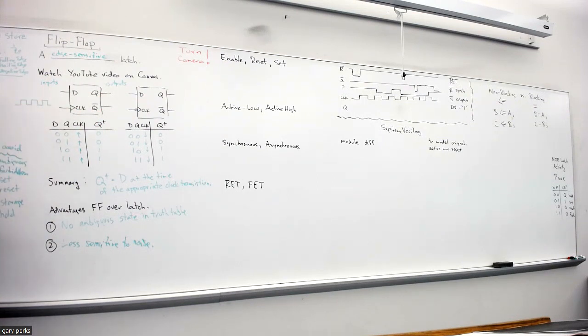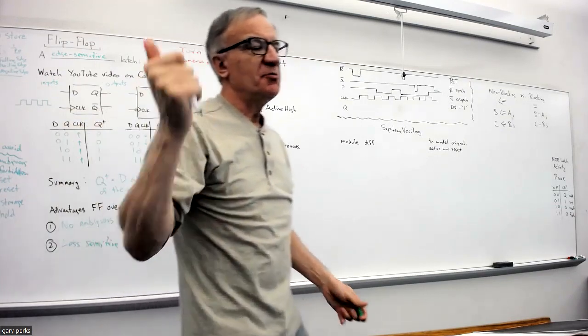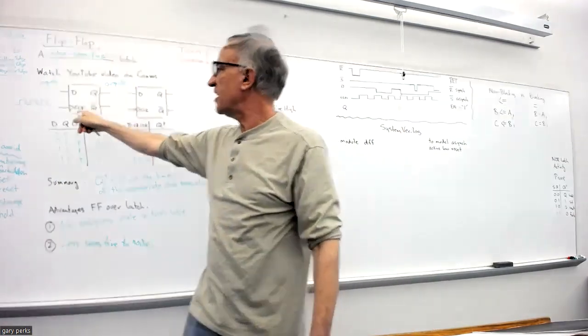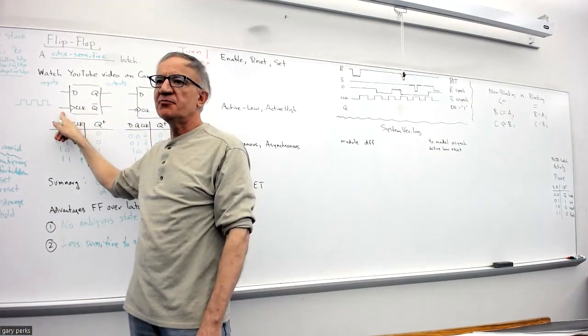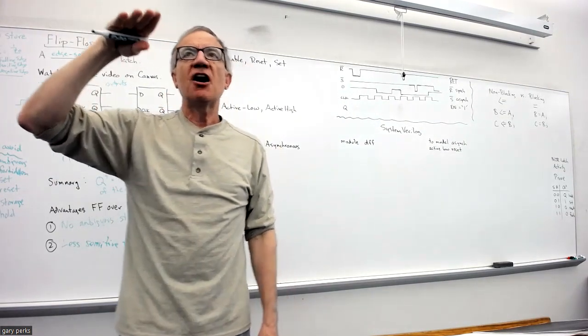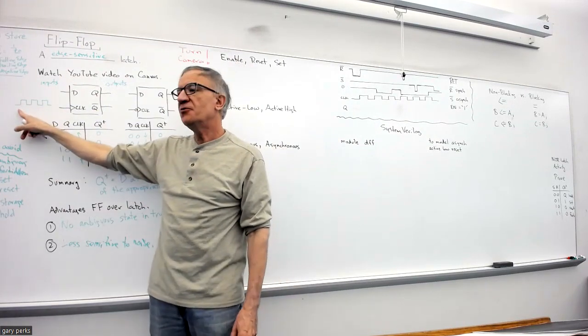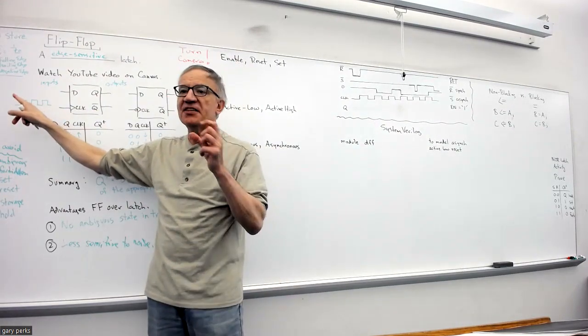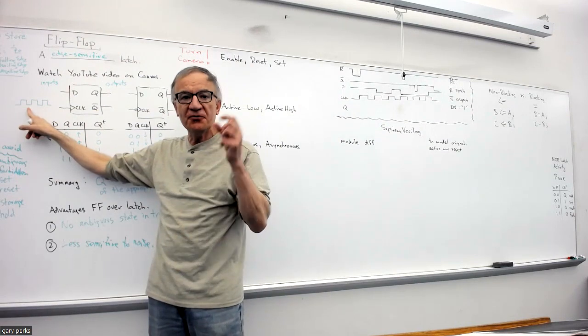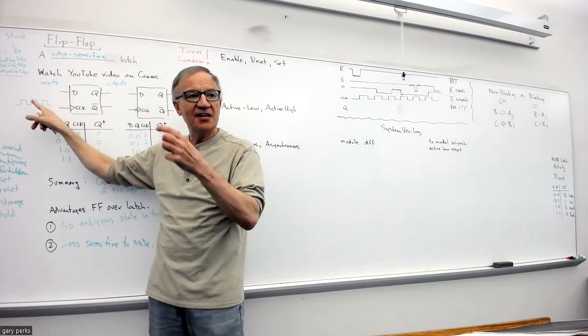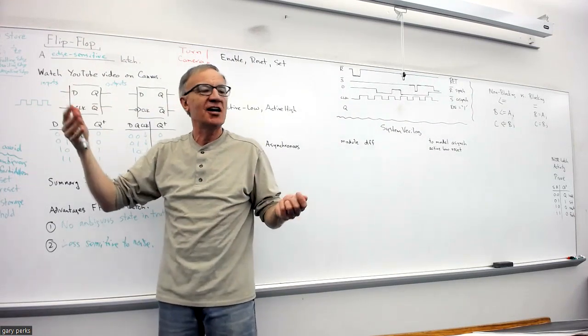And often, not always, but often the square wave that you put on the clock input of a flip-flop is what we call periodic. Okay, so it's low for a certain amount of time, then it's high for that same amount of time, then it's low for that same amount of time, and it's high for that amount of time, you know, it's periodic.